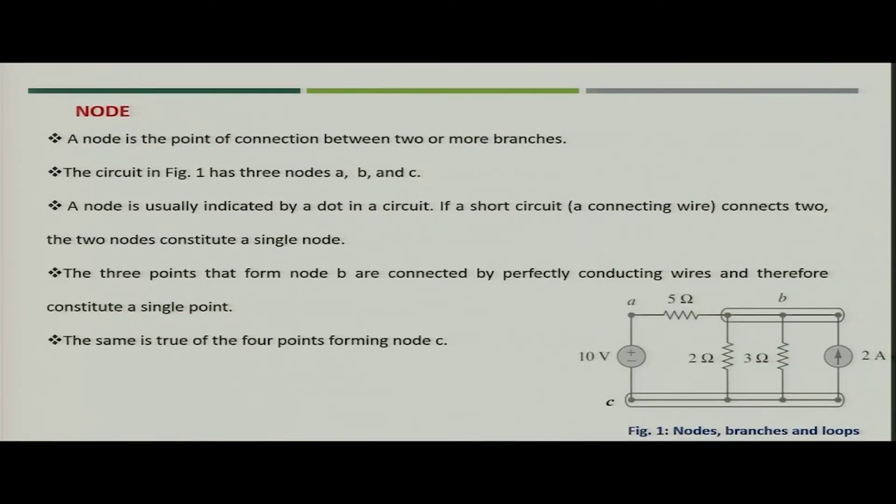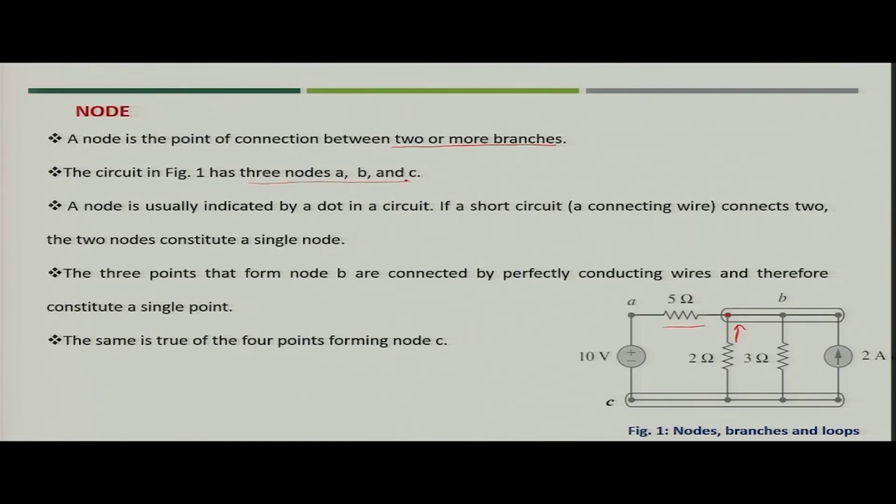Now, let us talk about the node. A node is the point of connection between two or more branches. In this case, this is a node because it is connecting this and this branch. So, a node will be the connection between two or more branches.